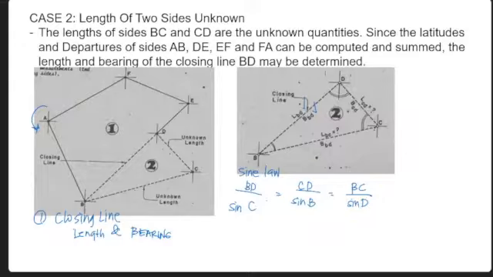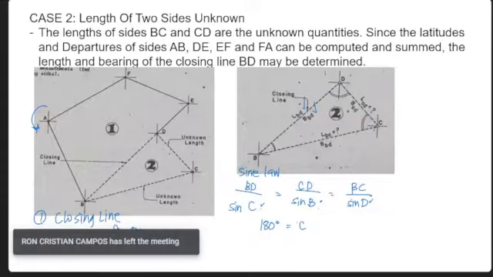And so pwede natin to gawin isa-isa since all the bearings are given, pero we must check that all the interior angles, or it means all the bearings are given, therefore we can check one by one yung ating mga interior angle. And dapat yung ating sum is 180 degrees.